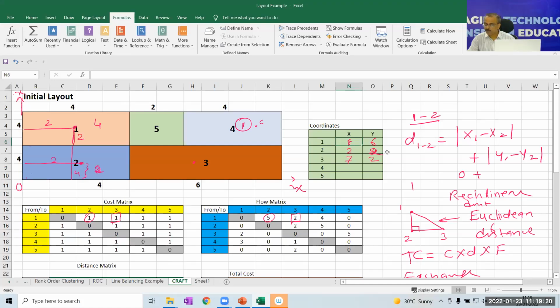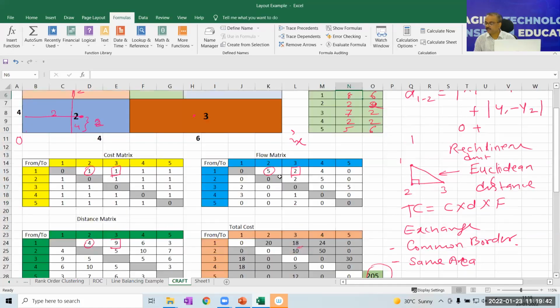For 4 now, 4 has come here, we have exchanged the department, so it becomes 2, 2. And for 5, it remains the same, that is 5 and 6.